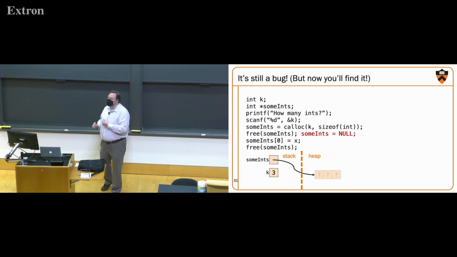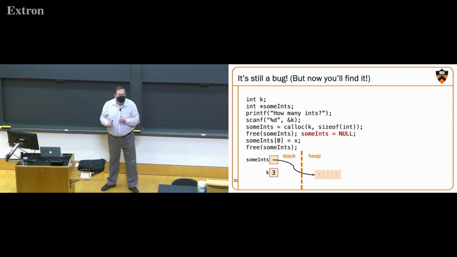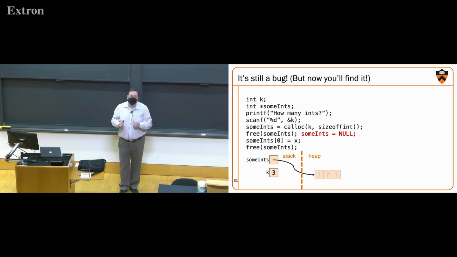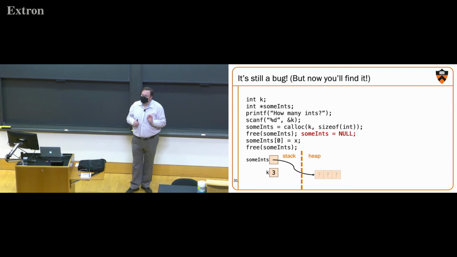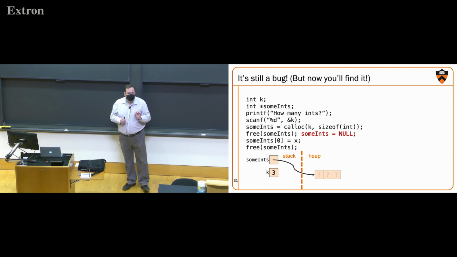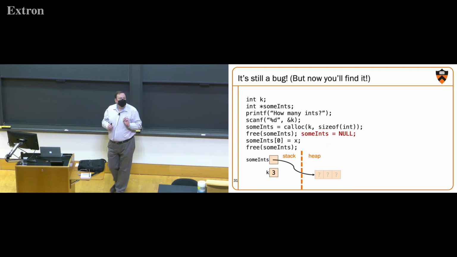You will get that segmentation fault. And now at least you'll know, hey, there's a bug here. I need to find it. And usually this will be reasonably easy to find, especially if you use a good debugger. And you can figure out which pointer is now null and you're still trying to go through it.